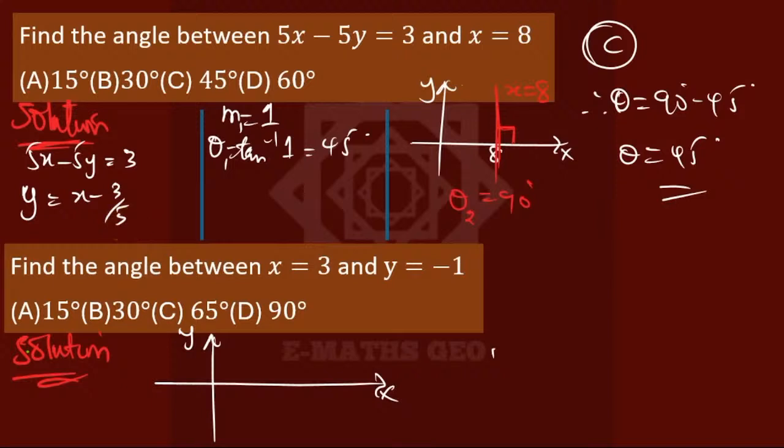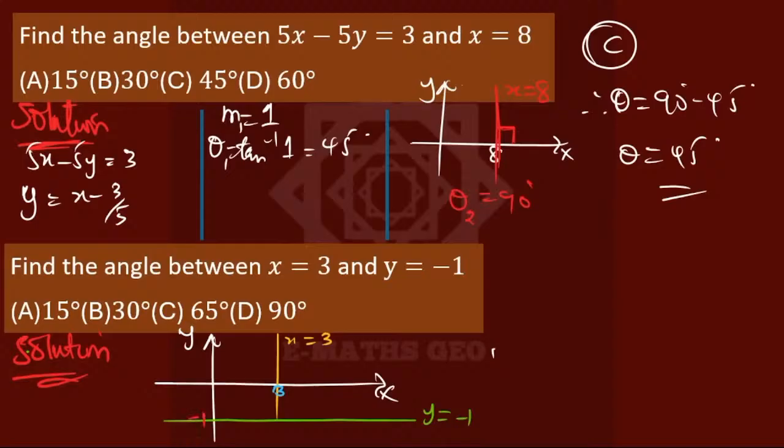The lines are: x equals 3, meaning the intercept here is 3, and the horizontal line is y equals minus 1, so the intercept is minus 1.